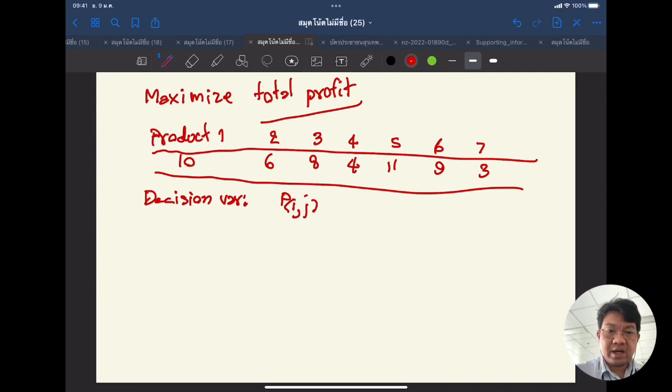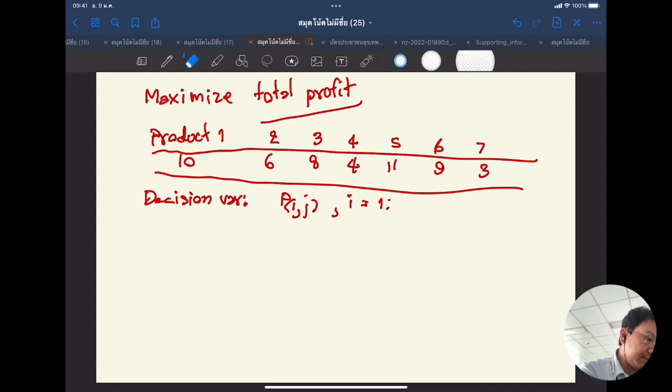So the amount of product I we produce at J month. In this case, of course, I is product, so I can be 1 to 7. And J is the month that we produce, so J can be 1 to 6.